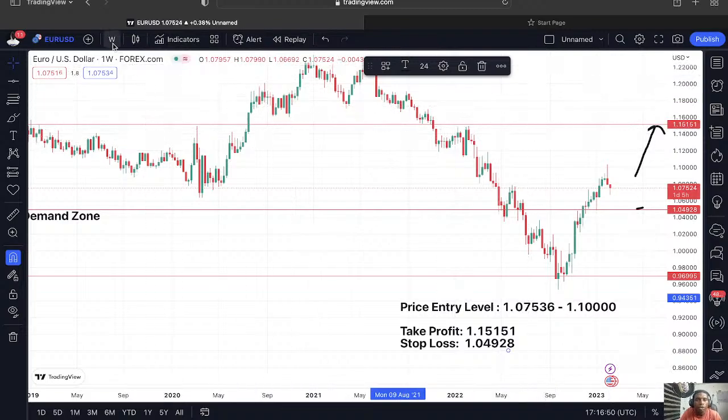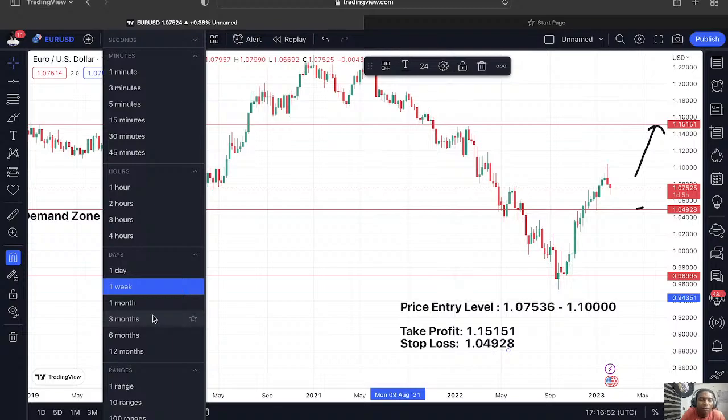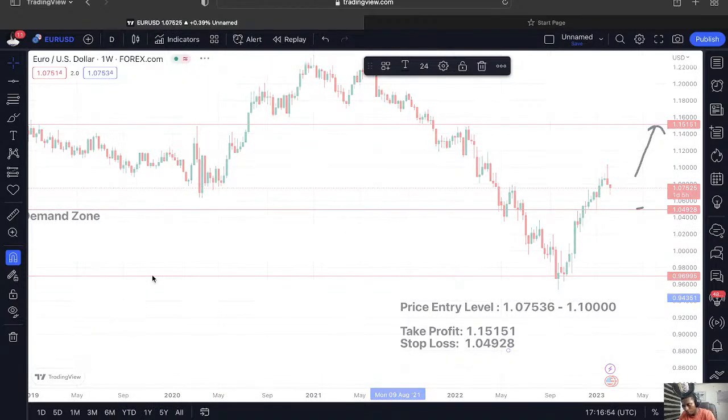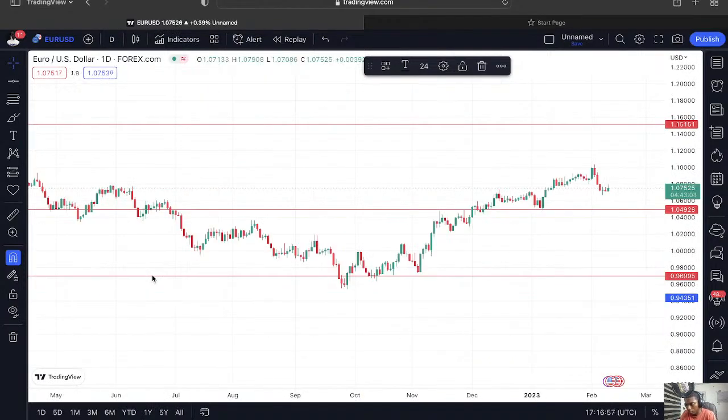So let's look at the lower time frame, like the daily time frame. Now, why are we looking at this daily time frame?